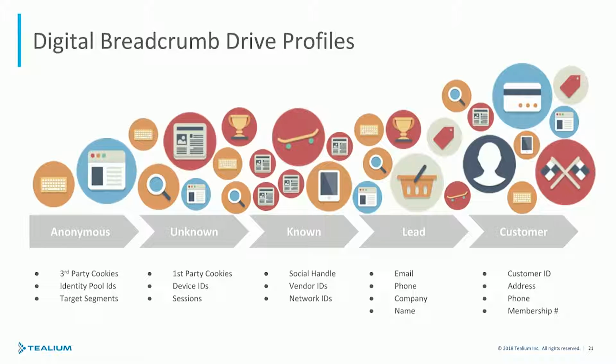First of all, when you think about your users and the information that they leave with you on the website, there are different breadcrumbs along the way, from anonymous user to ultimately a customer on your website, that you can collect and that you need to collect in order to get a unified customer view across all the different channels that they are using and all the different platforms and devices.